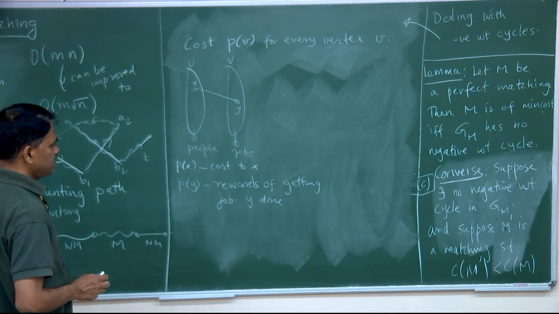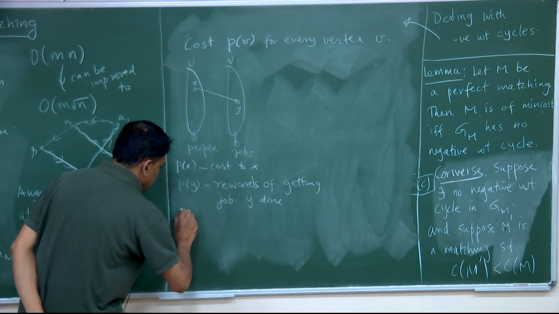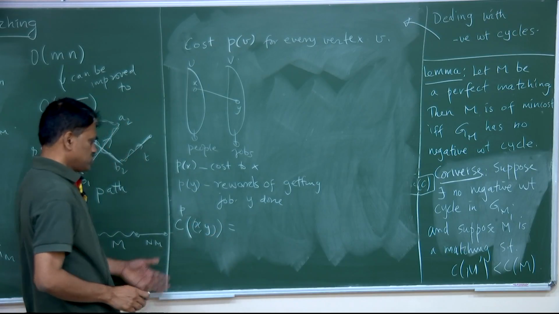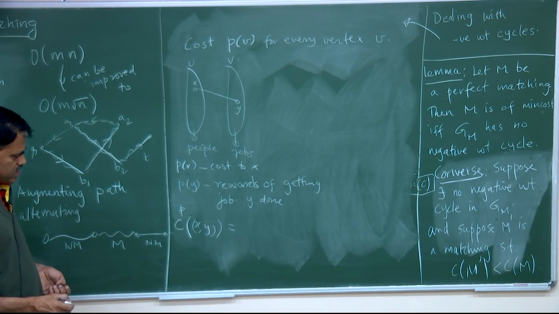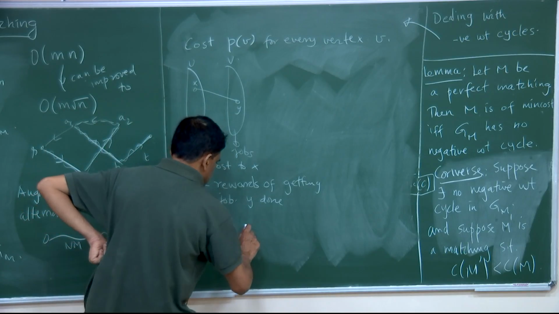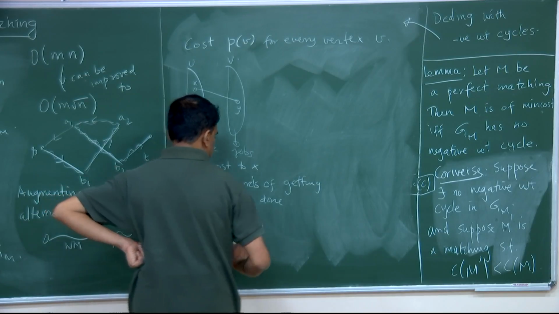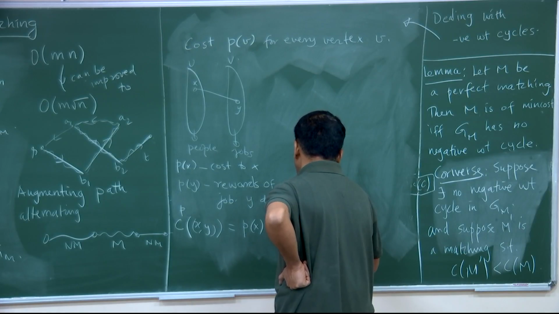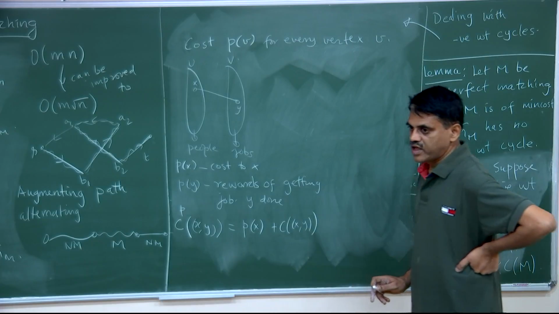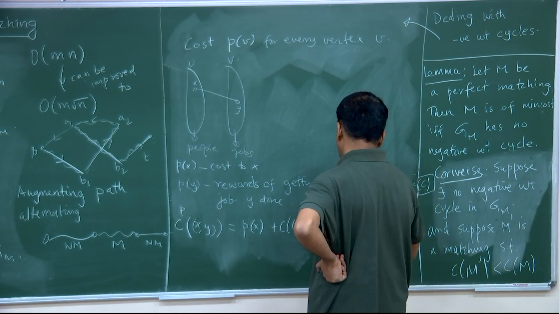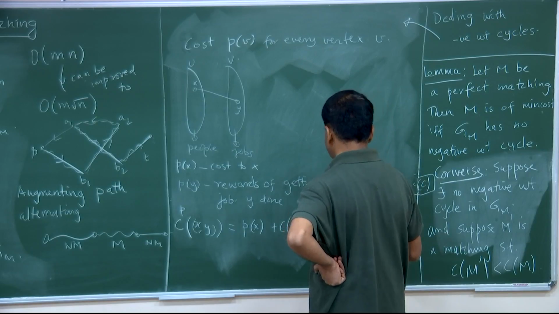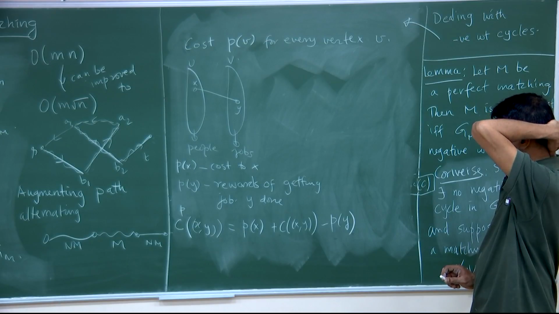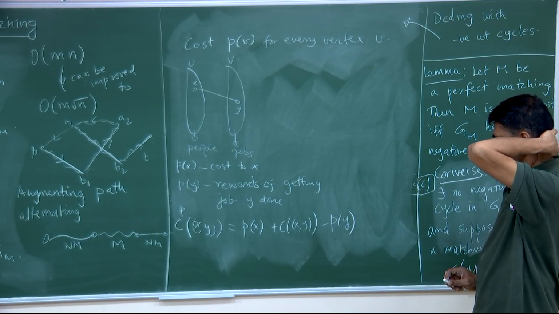So which means that I'm going to talk about a new cost on the edge xy. The reduced cost on the edge xy is p of x, because there is some signing bonus I'm going to give to x, plus the cost that comes with the input graph, minus the reward of the job getting done. I call this the reduced cost on the edge xy.